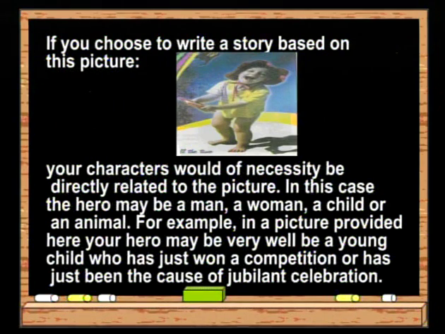In this case, the hero may be a man, a woman, a child, or an animal. For example, in the picture provided here, your hero may very well be a young child who has just won a competition or has just been the cause of jubilant celebration.